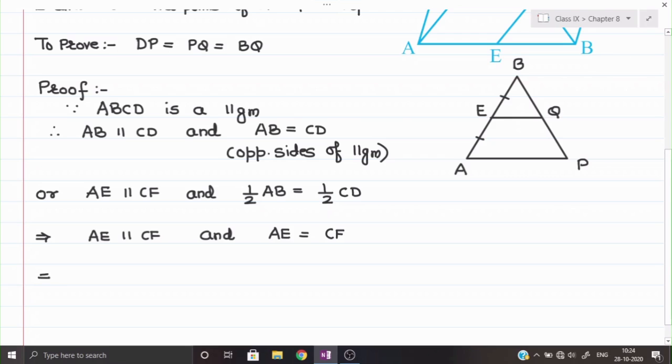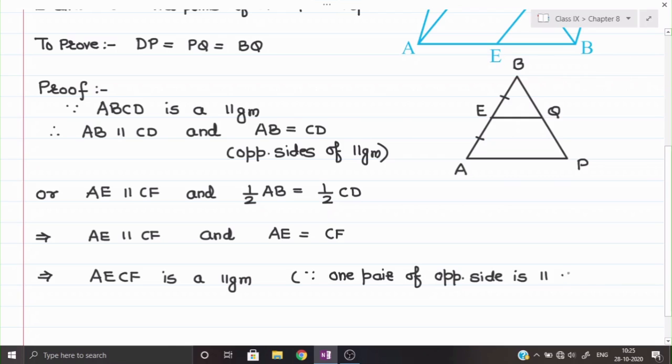So here we shall write down, which implies that AECF is a parallelogram. Reason we can give, since one pair of opposite sides is parallel and equal both.